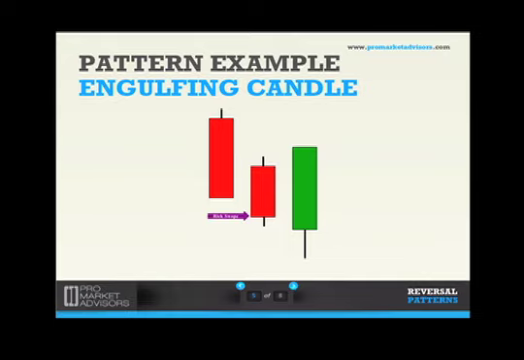Now, on the next day, the bottom of the green candle is even lower. How does that happen? The only way that happens is for the price to gap down overnight. So the open of the green candle has gapped lower than the close of the previous red candle. That is what sets up for us the engulfing candle.